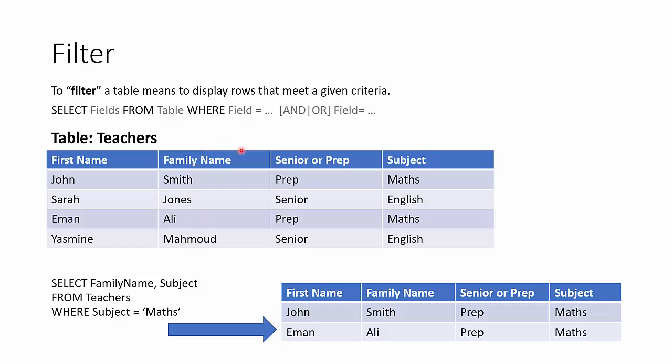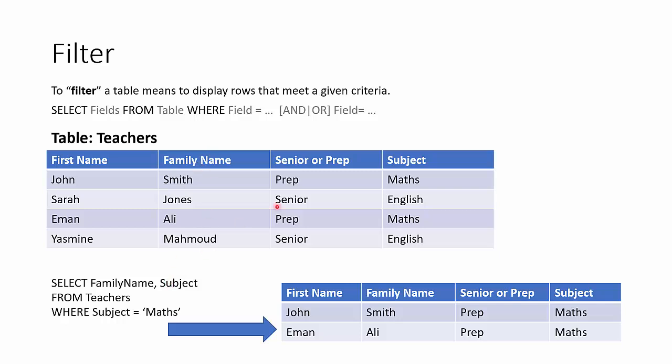Slicing gives us individual columns. Sorting means that we can order those columns, and then filtering means only give me specific rows, so it's like a horizontal slice, only give me specific rows that meet a criteria. So here I'm going to say select family name and subject.